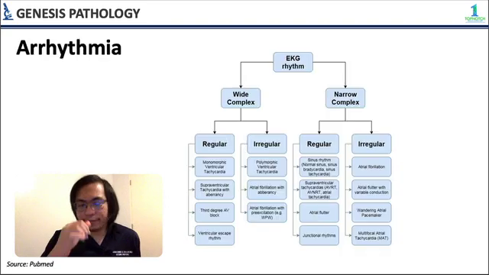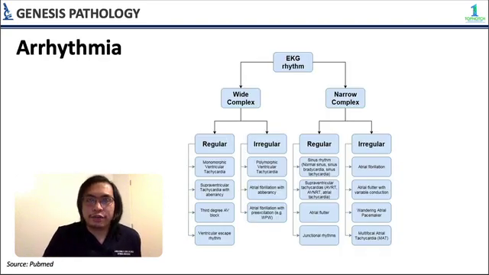Anyway, next is your arrhythmias in your heart. So, we have different types of arrhythmias. So, madali lang siya. You just have to classify whether your arrhythmia is wide complex or narrow complex, no? May isa pa yung classification sa arrhythmia, especially in bradycardias.